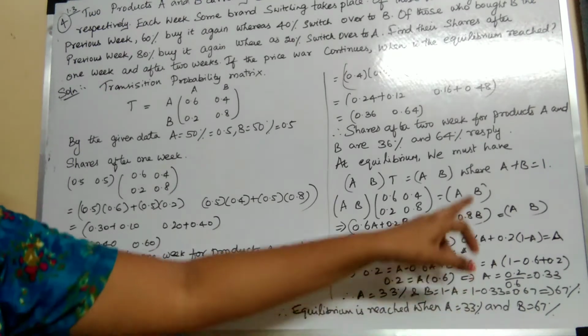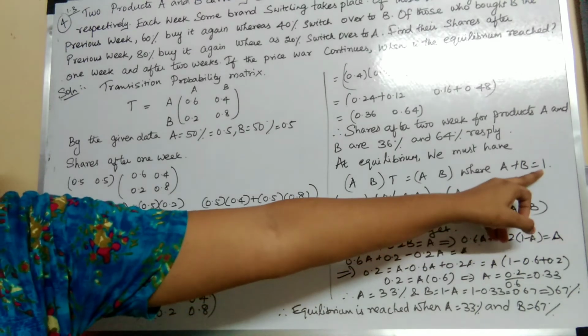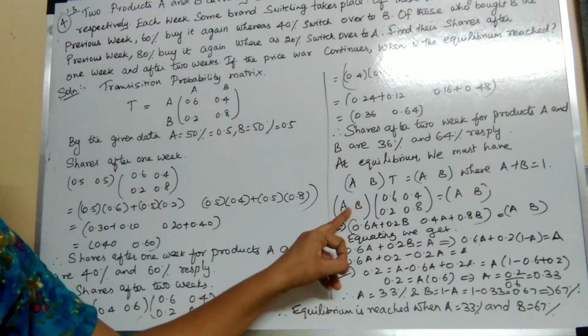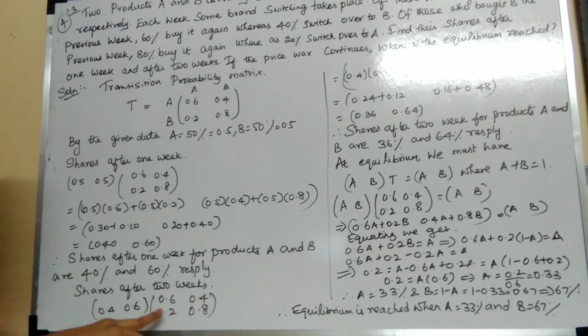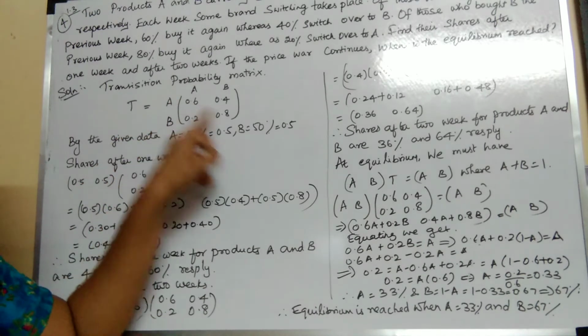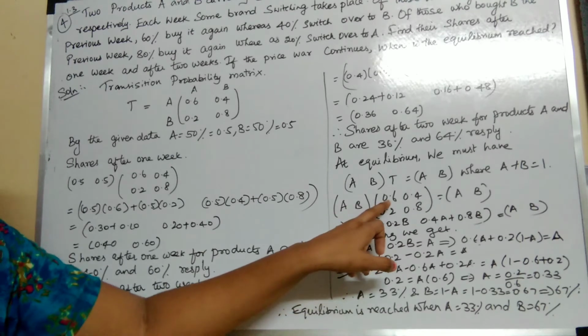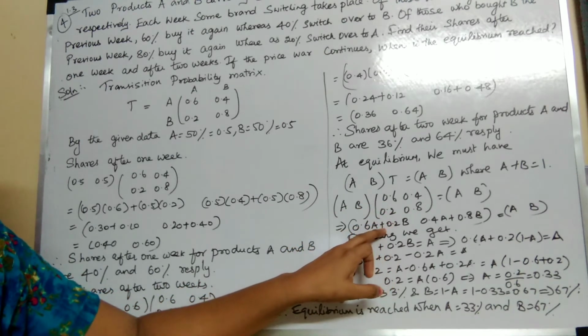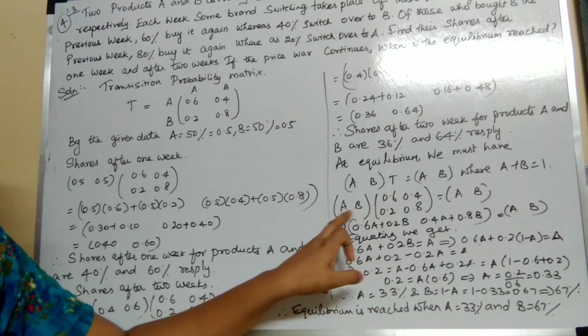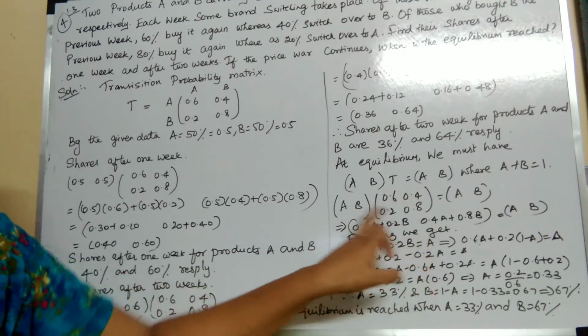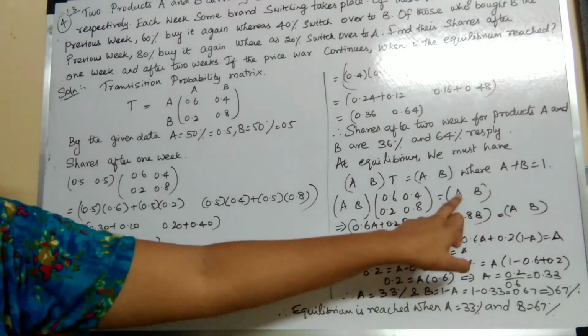Now we know A plus B is 1. Multiply AB with the given transition matrix 0.6, 0.4, 0.2, 0.8. So A into 0.6 plus B into 0.2, row 1 column 1, then row 1 column 2: 0.4A plus 0.8B. That equals the AB matrix.